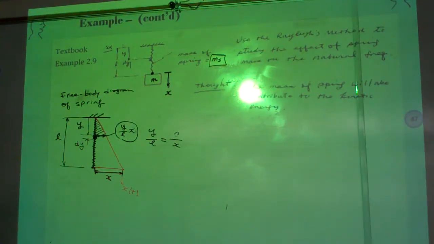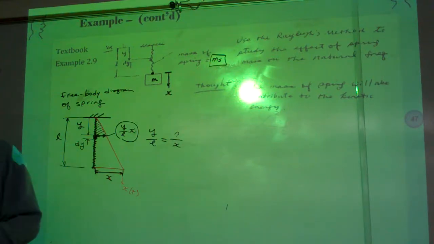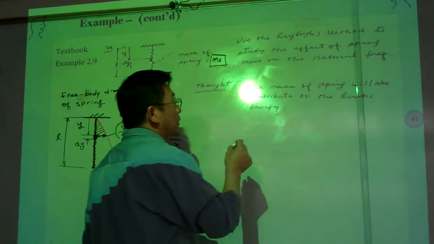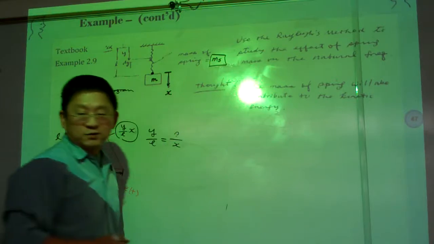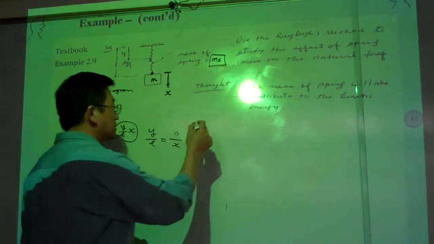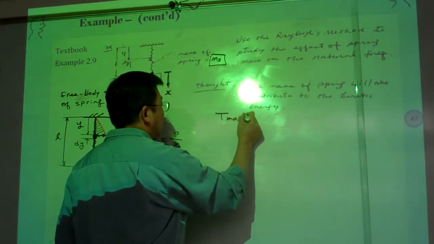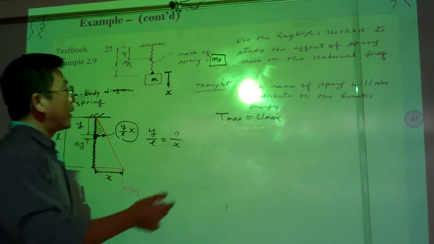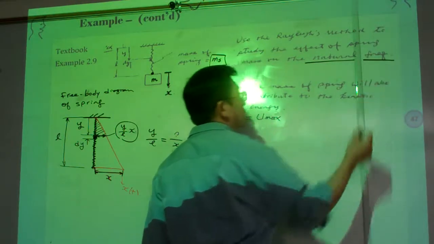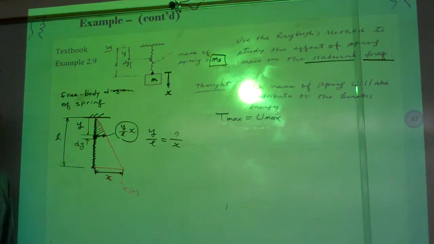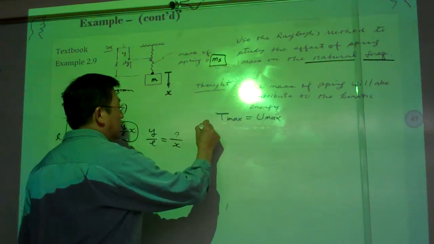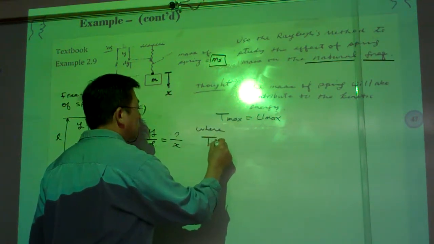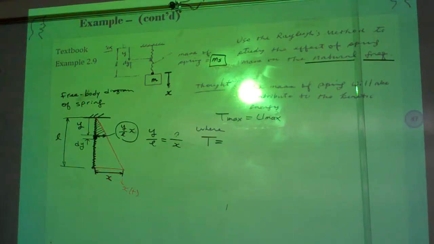Again, in this question we're still using the equation T max equal to U max. Because we only want to find the natural frequencies, it doesn't ask for the equation of motion, so only natural frequencies. So let me formulate the kinetic energy.